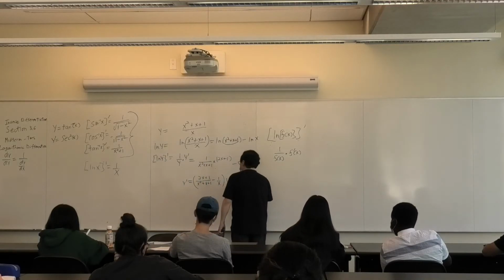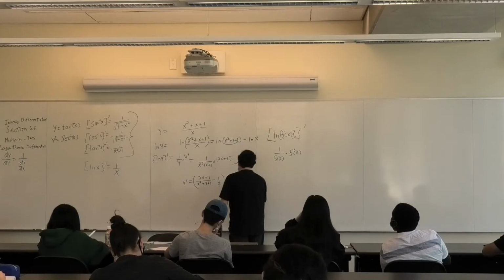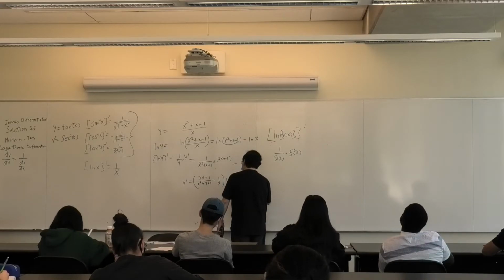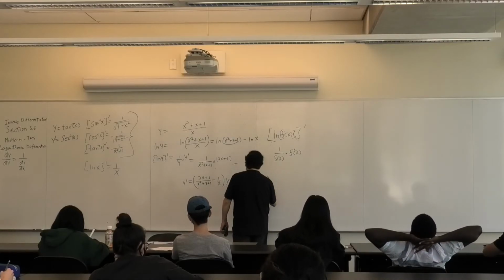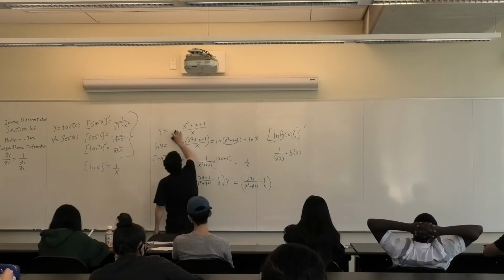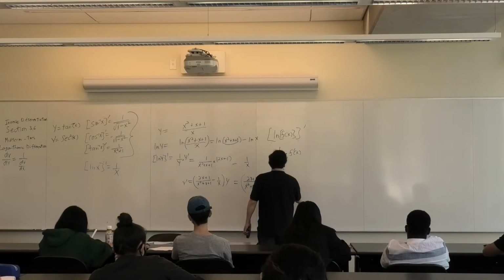So that just becomes 2x plus 1 over x squared plus x plus 1 minus 1 over x times, well, what was y? Oh, I know y. Y is x squared plus x plus 1 over x.